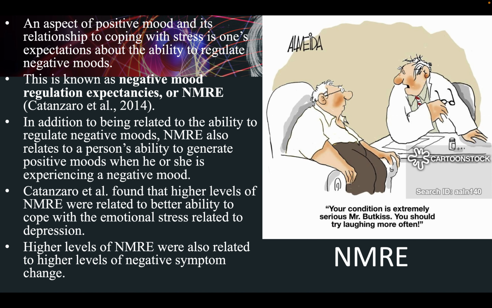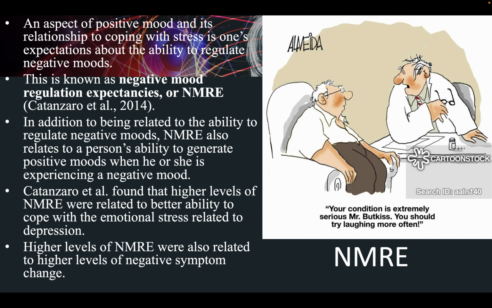An aspect of positive mood and its relationship to coping with stress is one's expectations about the ability to regulate negative moods. This is known as negative mood regulation expectancies, or NMRE.